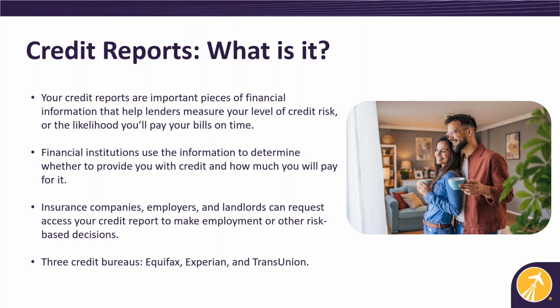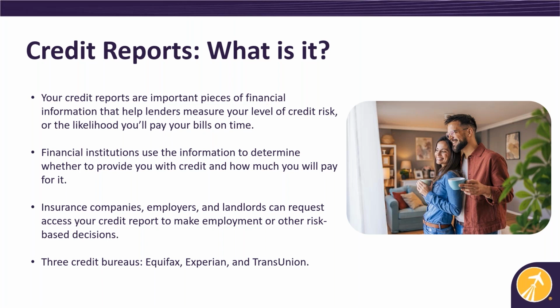When we start with credit reports, these reports are generated by the three credit bureaus to provide information to the market and to others who are going to make decisions, whether to lend you money, allow housing decisions, all those sorts of things. But we need information to make those types of decisions. That's where we go to the bureaus and collect that information to figure out how to make the best decision moving forward.